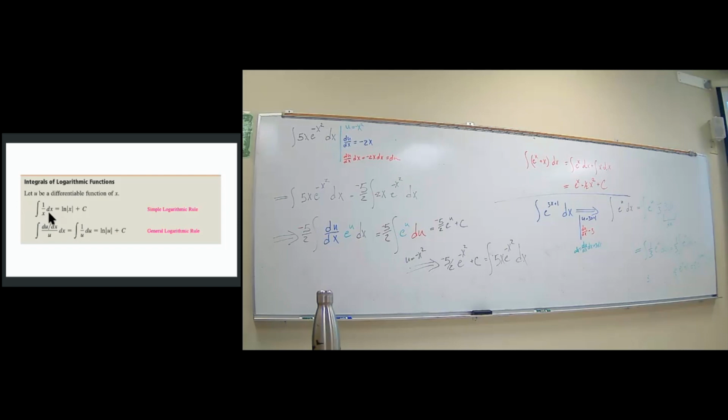Any thoughts on why we get the absolute value here? It's because x being negative can't be passed through here, right? Yeah.